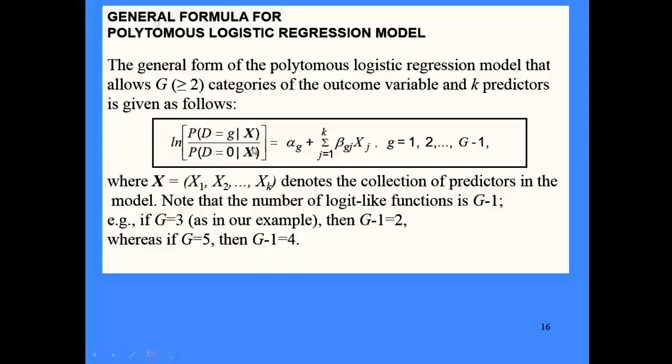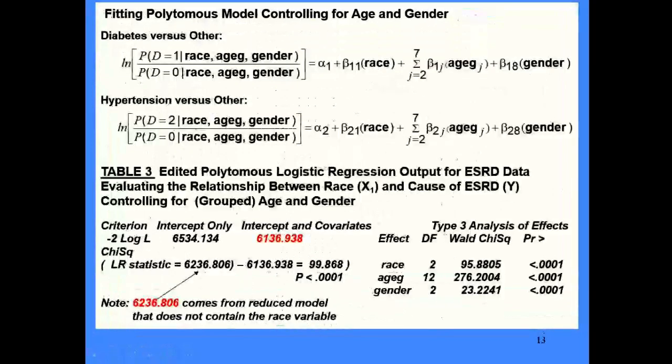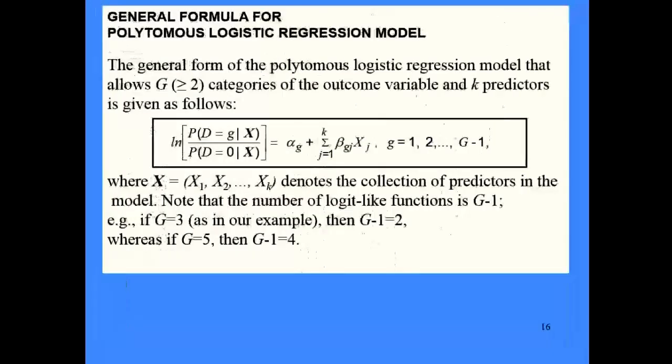So that means you're going to have two versions of this model, just like we had here. If G is 3, this form is going to have two components to it. One will be for G equal to 1 versus 0, and the other will be for G equal to 2 versus 0, because G is 3, 3 minus 1 is 2. You don't go higher than 2.